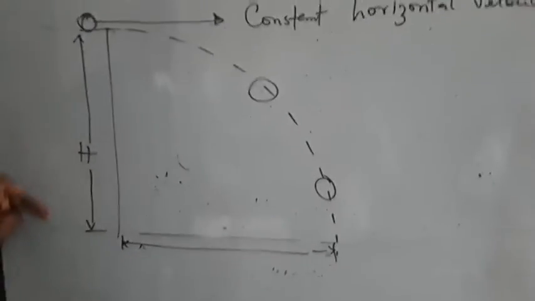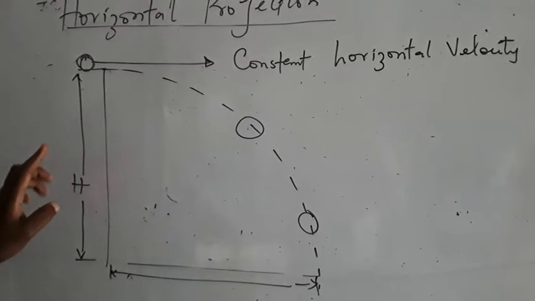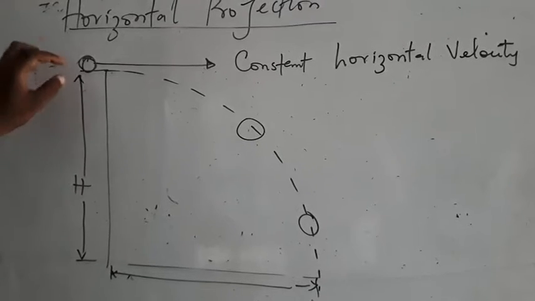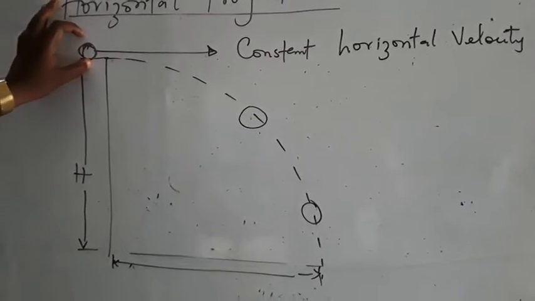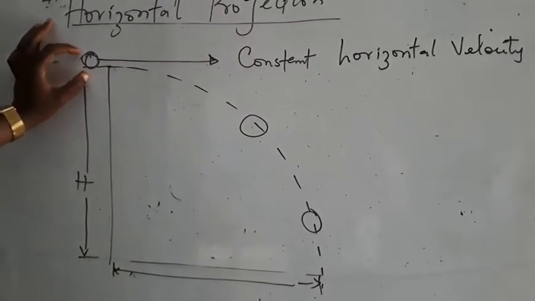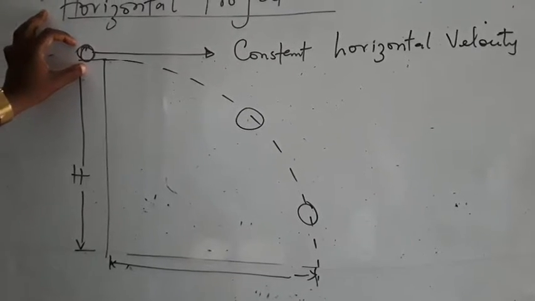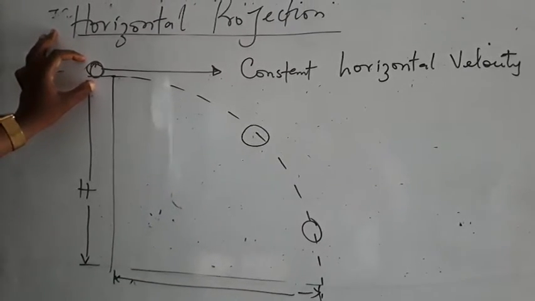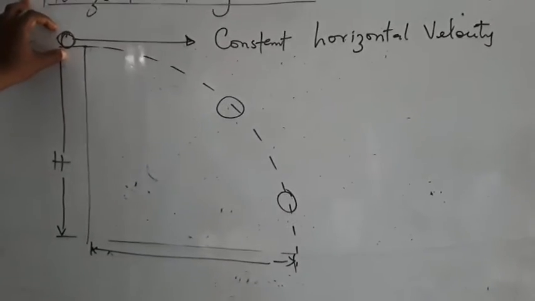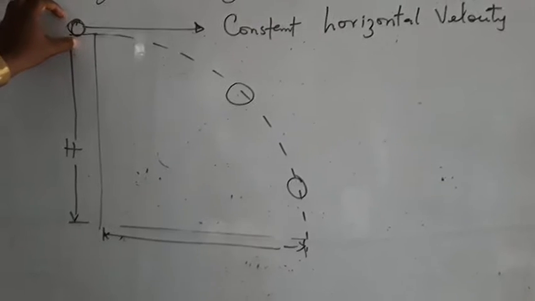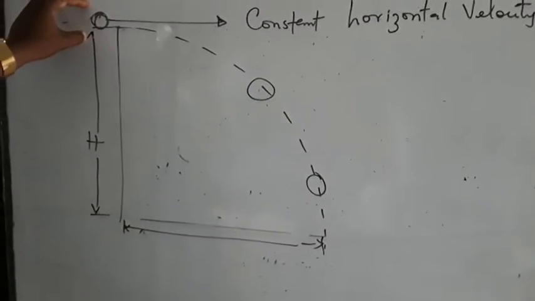This kind of projection involves a body initially at rest, with a constant speed and a constant downward acceleration. Please, I want you to put that down.